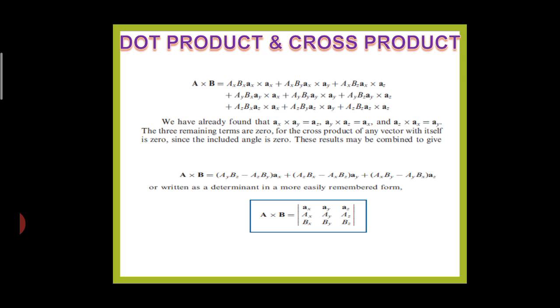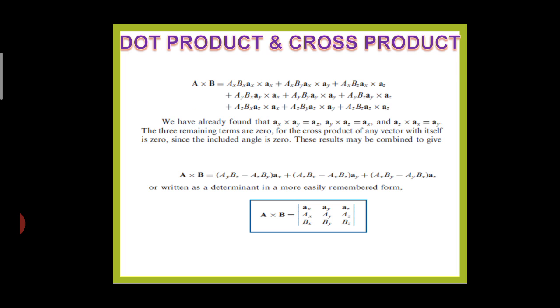Now we have already found that ax cross ay is equal to az, ay cross az is equal to ax, and az cross ax is equal to ay. So the three remaining terms are 0, for the cross product of any vector with itself is 0 since the included angle is 0.